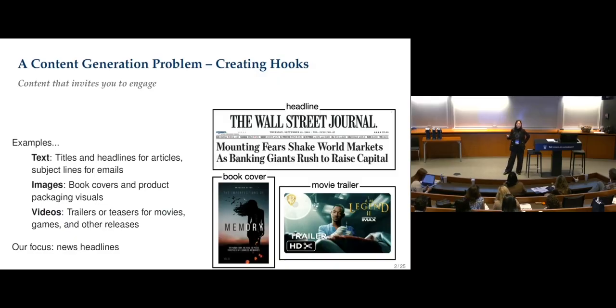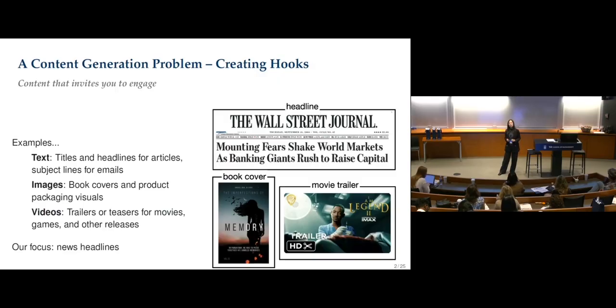And including images like book covers or trailers for movies. These particular pieces of content need to be very engaging, very attractive, such that you're interested enough to take some further actions. In particular, we focus on headlines because we have data from very clean, very measurable settings where we have A/B testing results.